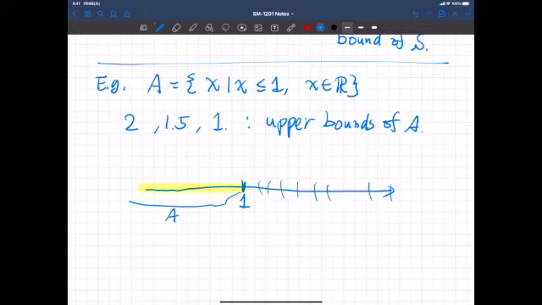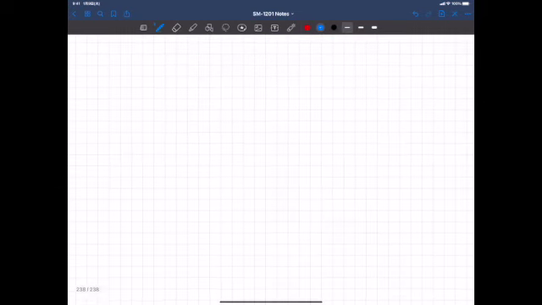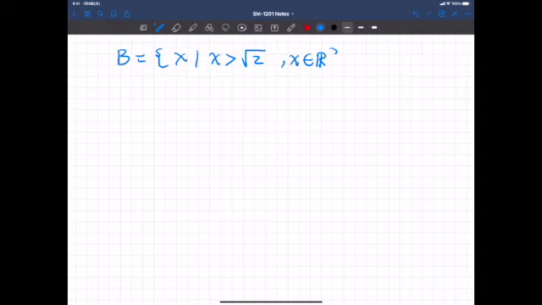Okay, and next example, another example, let's say B is a set of real numbers that are greater than square root of 2. Then let's visualize this. So let's say this is square root of 2 and x is greater than square root of 2.